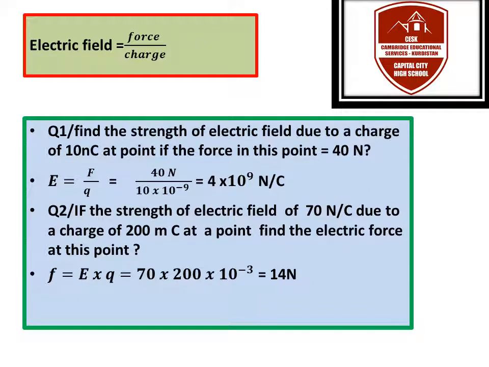Why negative 3? Because we have millicoulomb. When we convert to coulomb, it should be multiplied by 10 to the negative 3. So the answer is 40 Newton. Students are free to use a calculator, no problem. Let's study another slide.